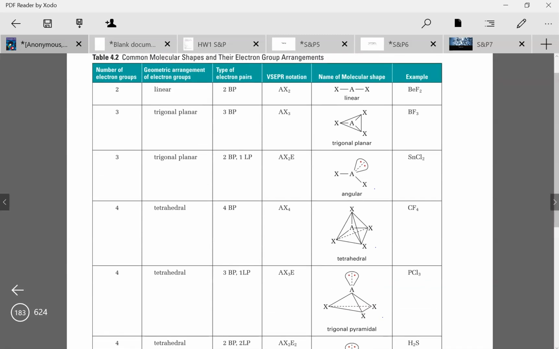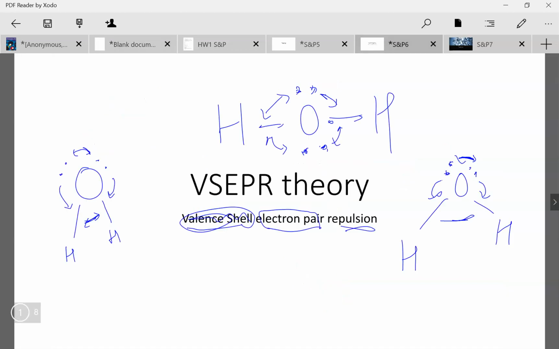Now, VSEPR notation involves the use of three letters, A, X, and E. A is the central atom. There's always one A, without fail. X is the number of bond pairs, so basically the number of bonds. For water, we know that water has two bonds, so that would be AX2.